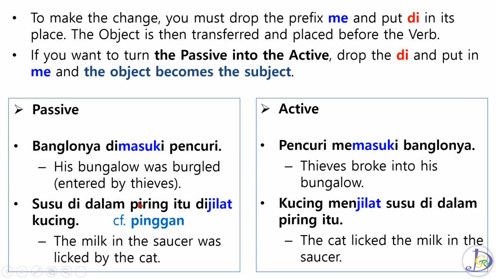The milk in the saucer was licked by the cat. Can change piring to pinggan. Pinggan means plate. Kucing menjilat susu di dalam piring itu. The cat licked the milk in the saucer.